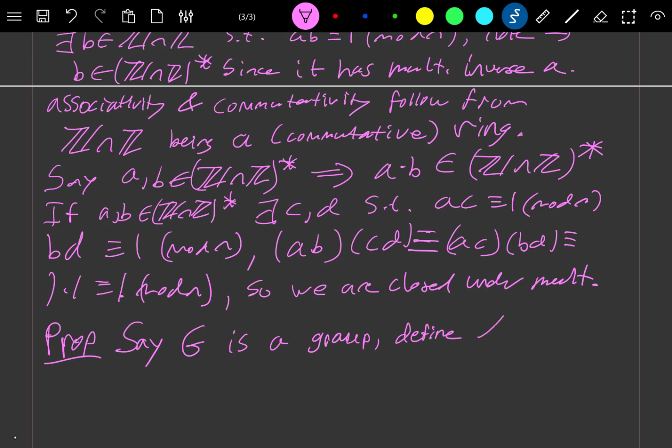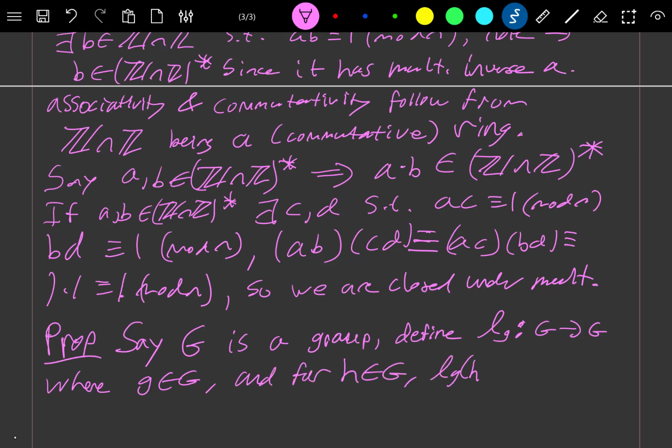I'm going to call it L sub g, and it's a function from G to G, where g is an element of G, and for h in G, we have that L sub g of h is just left multiplication of h by g.